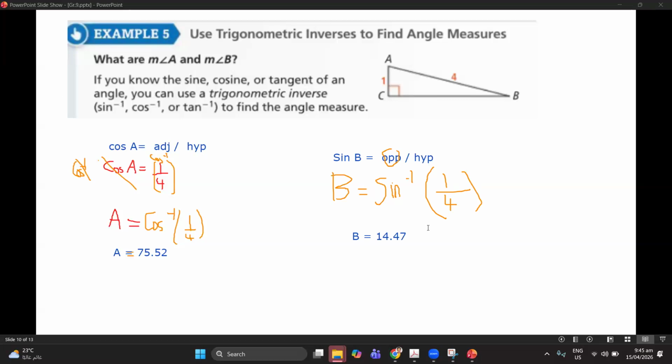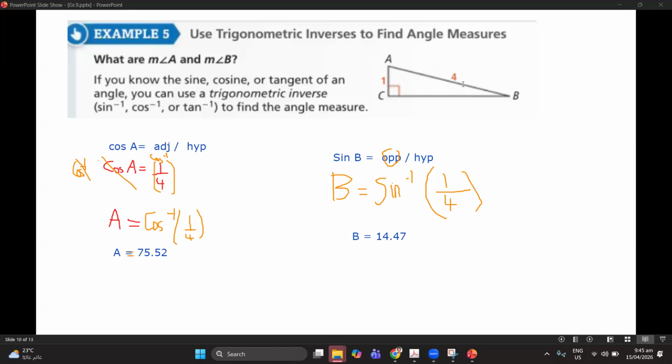Thank you. So let's now summarize what we did in this lesson. First of all, if I give you 2 side lengths and I ask you to find the measure of the angle, remember that to find the measure of an angle I need to use the inverse: sine inverse, cosine inverse, or tan inverse. It depends on the question.